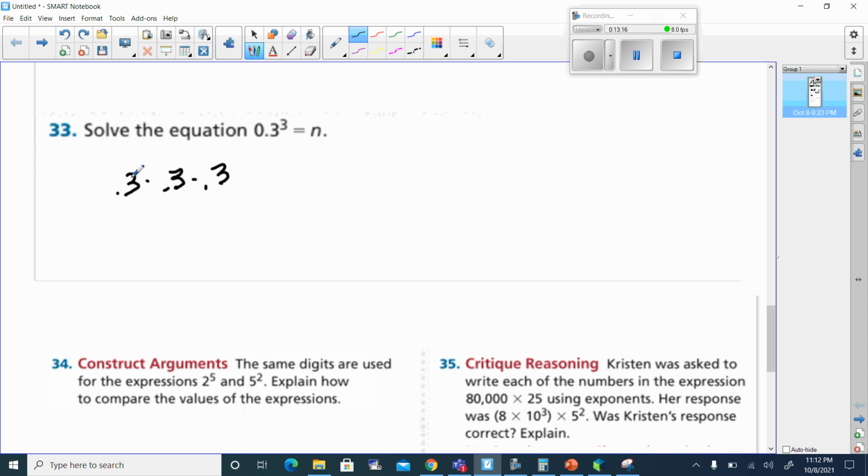And so I know 3 times 3 is 9, and 9 times 3 is 27. So I know that the number is going to be 27. Remember, we have 1, 2, 3 spaces for our decimal, so we got to go back 1, 2, 3. That's going to be 0.027. Okay? So yeah, that number actually ends up getting smaller because of the decimal, doesn't it?